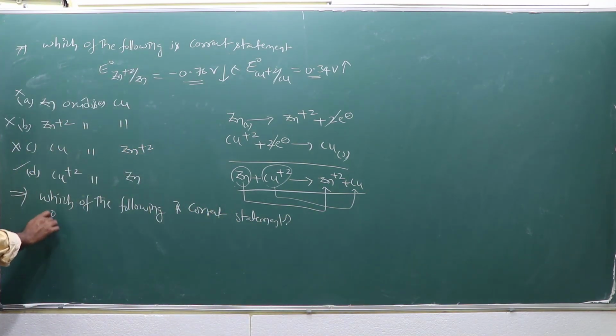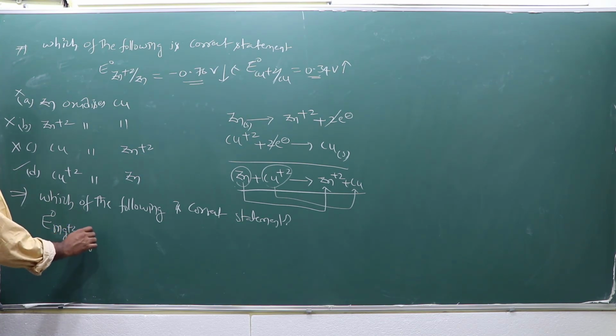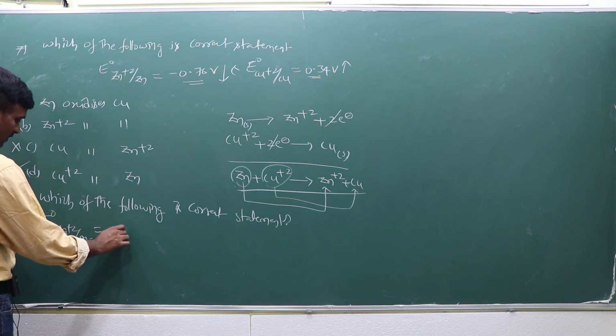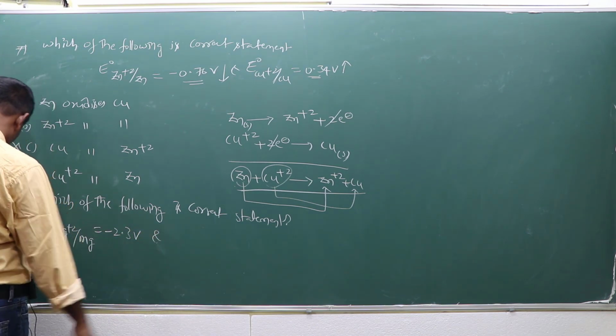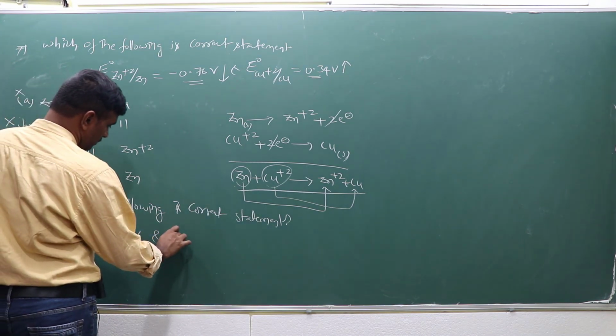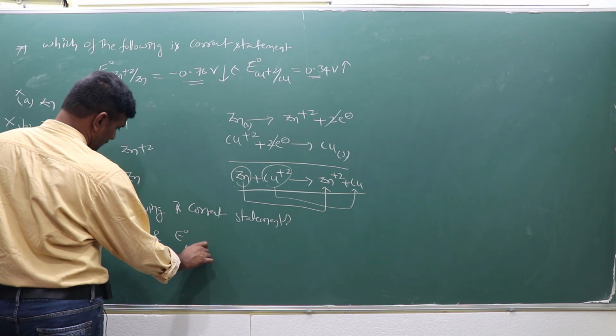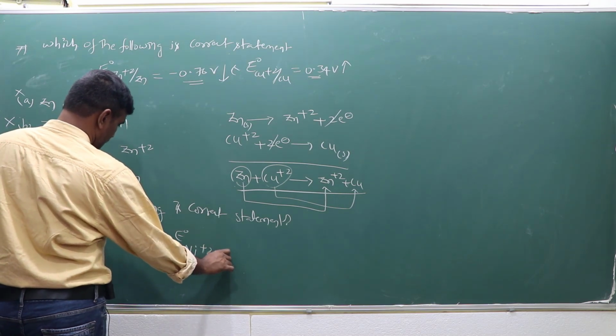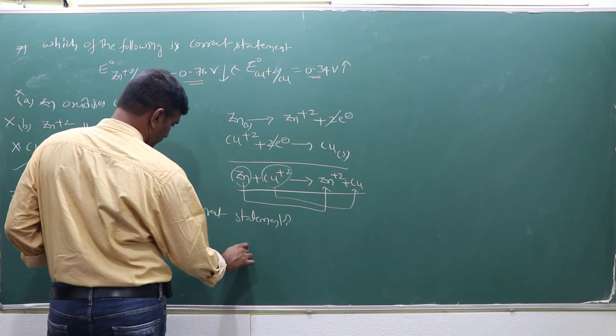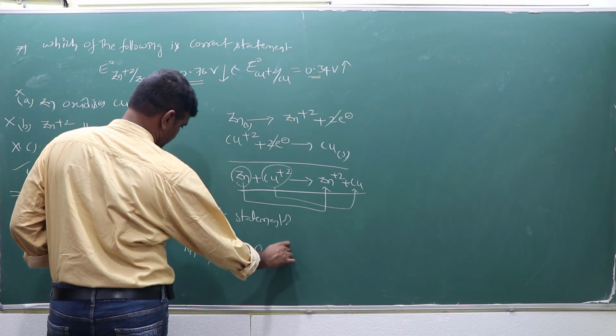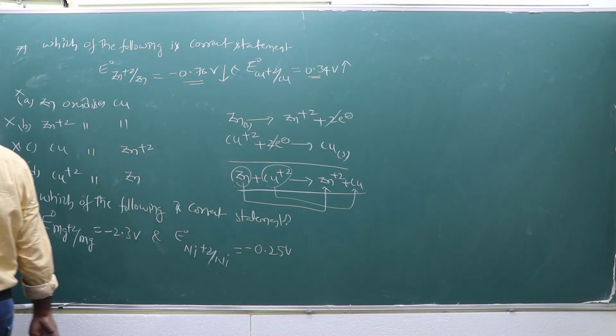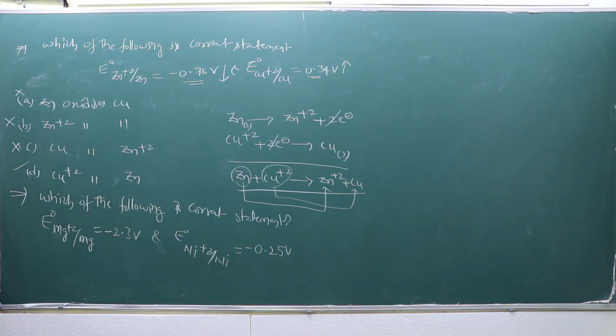For which statements, E0 of Mg plus 2 to Mg is going to be minus 0.23 volts, and E0 of nickel plus 2 to nickel is minus 0.25 volts. So what will happen in this reaction?